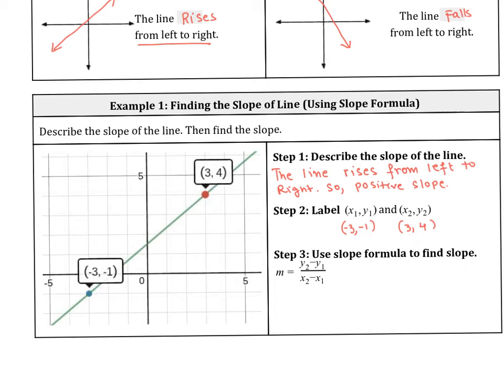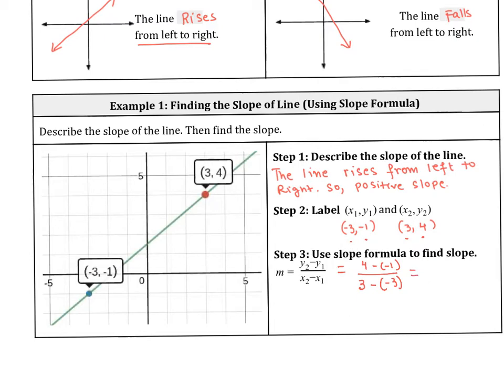We already have the points. We label them as x1, y1. So all we have to do is now y2 minus y1. So that's going to be 4 minus -1 divided by x2 minus x1. So x2 is 3 and x1 is -3.